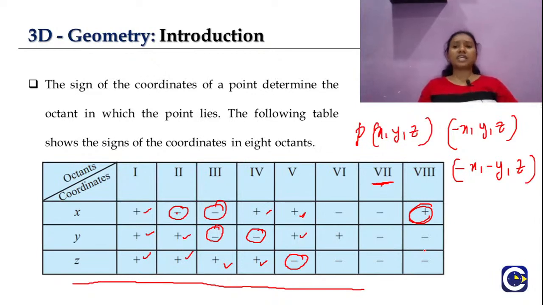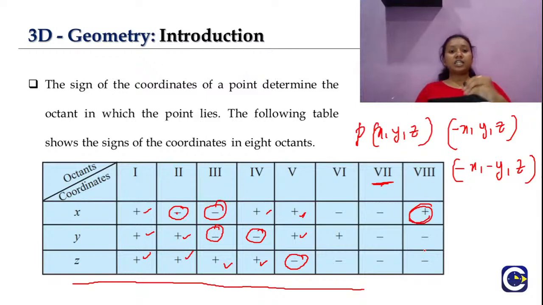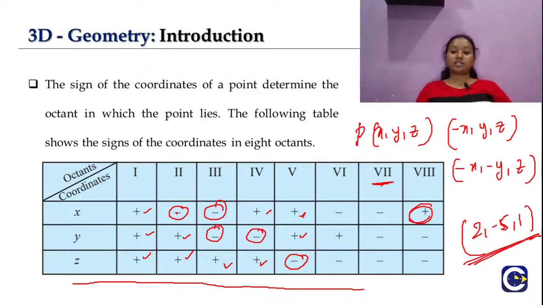Because in some mains level, you might expect they'll be giving some other question, and at the end you will have the answer in terms of a point, in terms of coordinates. Instead of asking the coordinates, they might ask you which octant that coordinate lies in. So if your answer is 2, -5 and 1, in options, they won't directly give you these coordinates.